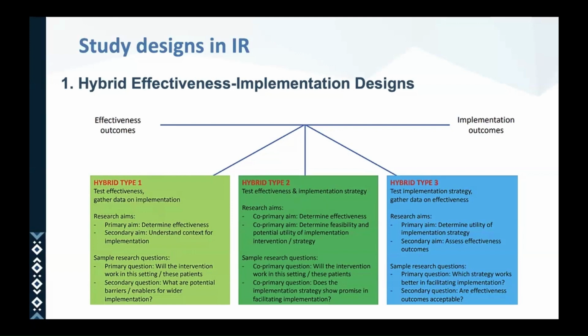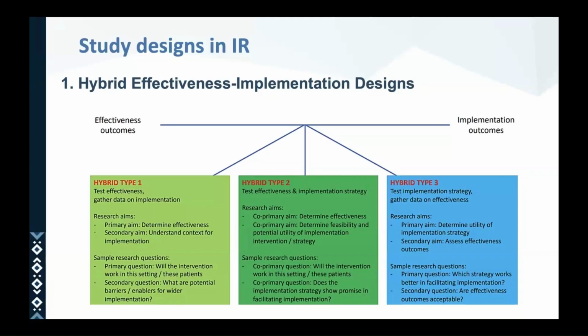For type 2 designs, the focus is on both. You equally test effectiveness and implementation outcomes with co-primary aims. For example, one co-primary aim is to determine effectiveness, and the other co-primary aim is to determine feasibility and potential usability of the implementation intervention or strategy.